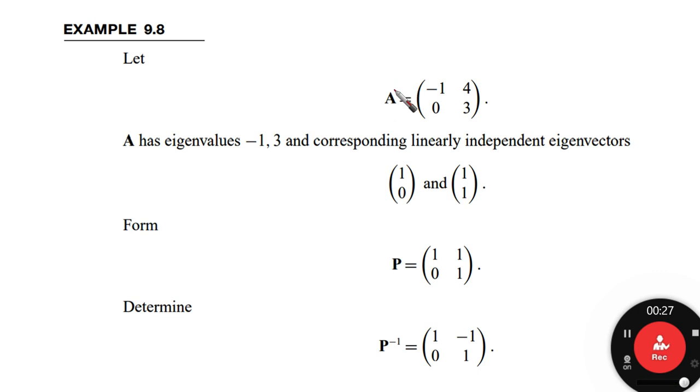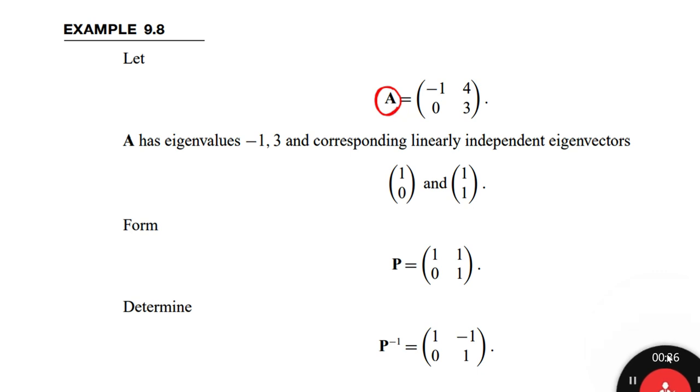First of all, we assume that we have a matrix called A, and we are going to have these values for it, which are -1, 4, 0, and 3. And A has these eigenvalues, -1 and 3. And I think that you understand the meaning of eigenvalues according to what we have explained before.